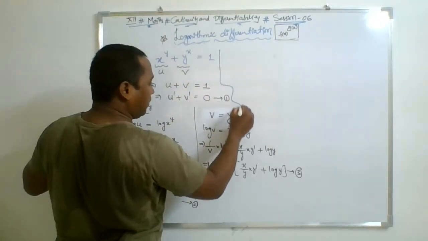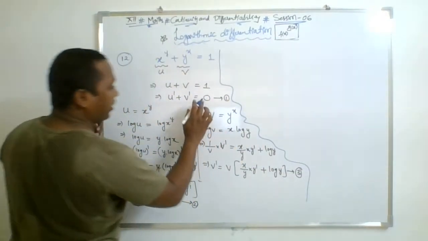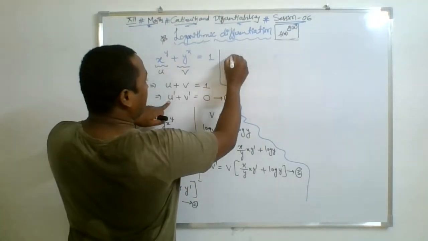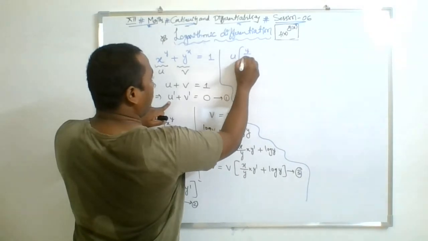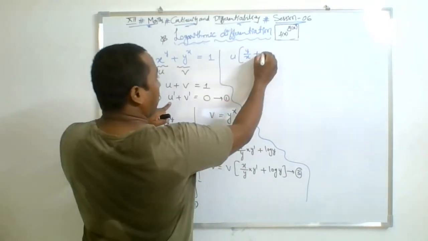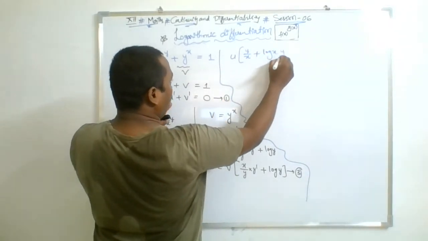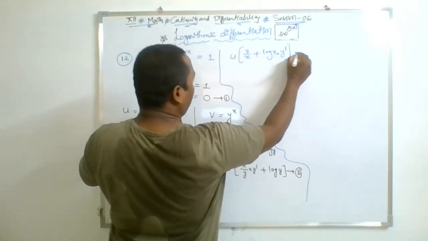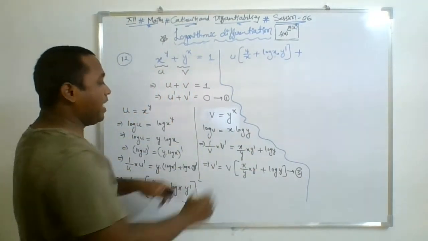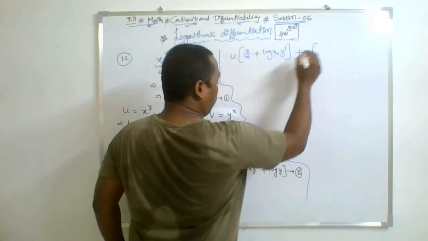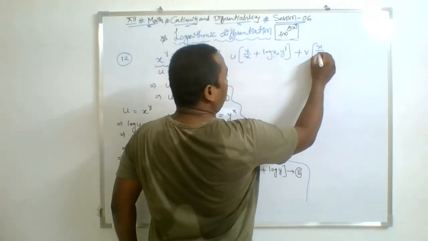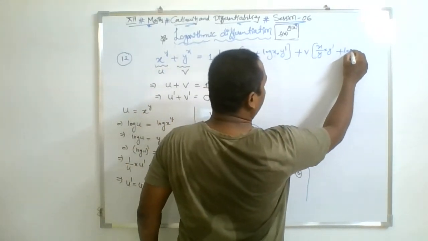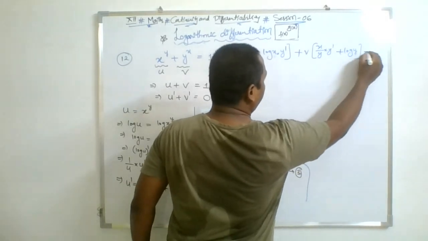So I'm substituting the u dash and v dash values in the equation 1. U dash value I am taking from here, that is u into y by x plus log x into y dash, plus v dash value is v into x upon y into y dash plus log y is equal to 0.